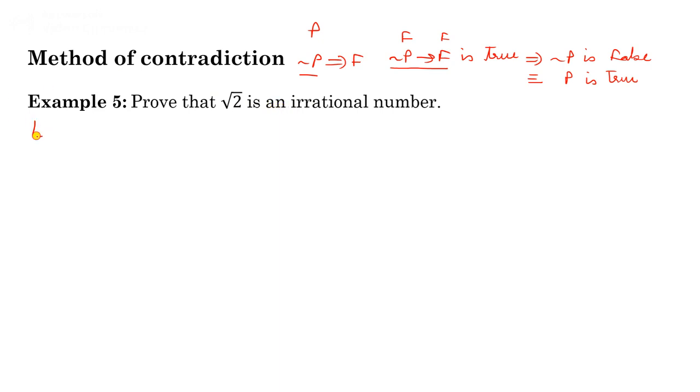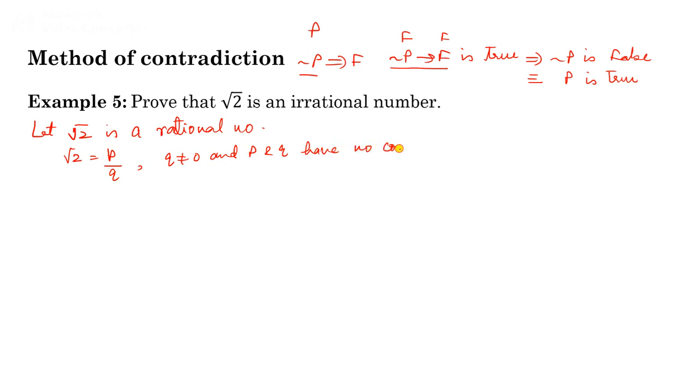So we can assume root 2 equals P by Q, where Q is not equal to 0, and P and Q have no common factor.